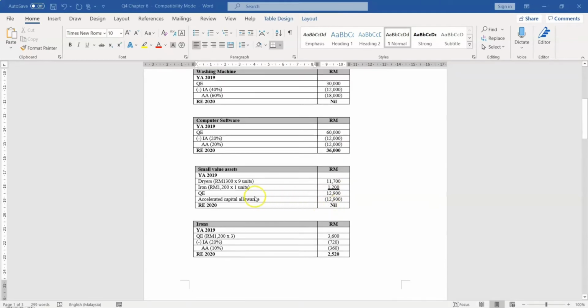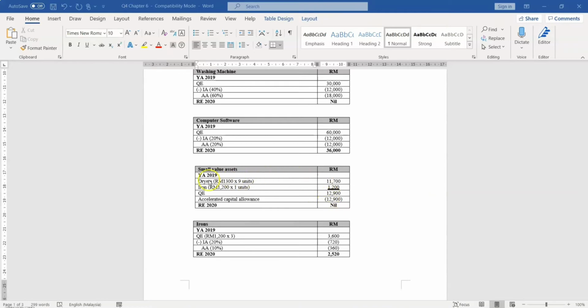For the small value assets, there are dryers and irons. For the dryers, there is 1,300 for each, so we times 9, and then for iron we times 1 only, because the small value assets cannot exceed 13,000 in total.